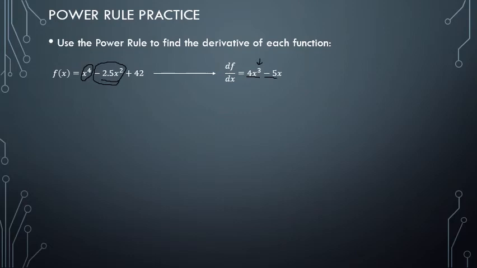And then what do we do with the squared? We subtract 1. So 2 minus 1 is 1. You can see that would be x to the first right there. So what we do with the negative 2.5x squared term is move the 2 in front and multiply, and then subtract 1. We're left with x to the first. And then this 42 does not have an x in it at all.